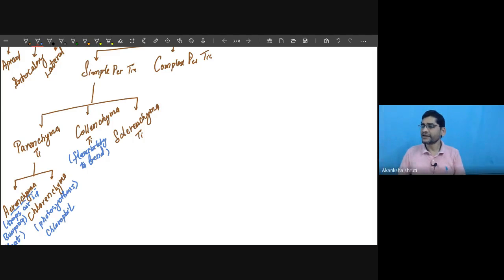Sclerenchyma, like the bark, consists of dead cells, dead tissues, for protection and structure of the plant. Collenchyma also gives structure and flexibility to bend.